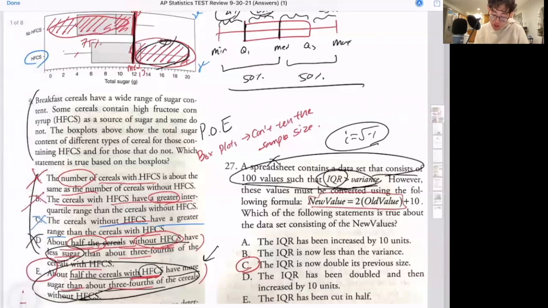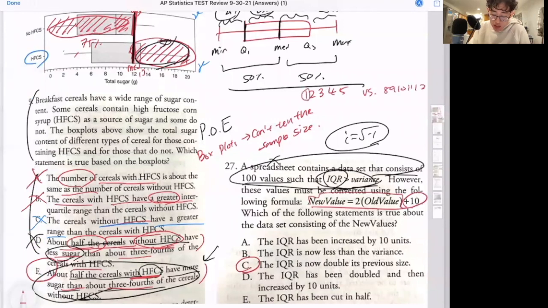However, these values must be converted using the following formula: new value equals 2 times old value plus 10. Notice how I don't even count the plus 10, because when you add or subtract numbers to the data set, it's not going to do a thing to the IQR. For example, let's say I give you a data set of 1, 2, 3, 4, 5 versus 8, 9, 10, 11, 12.